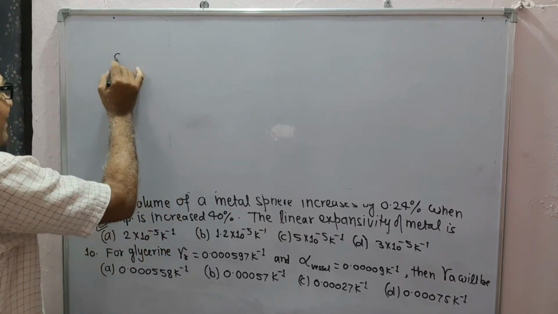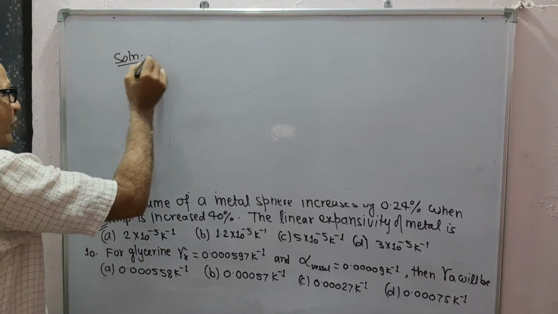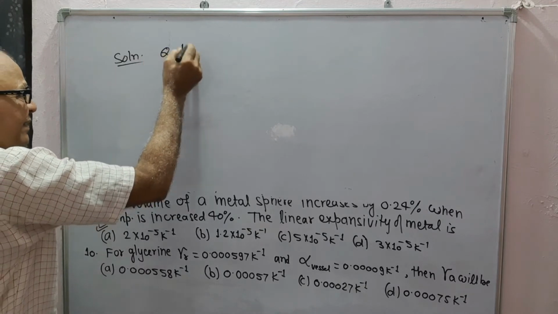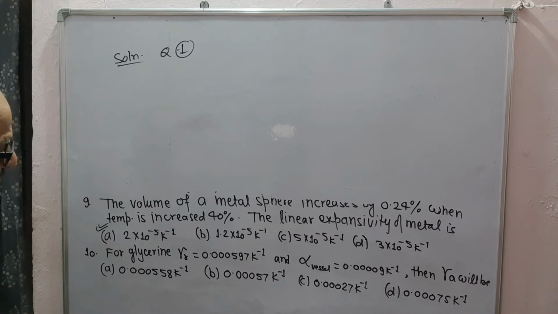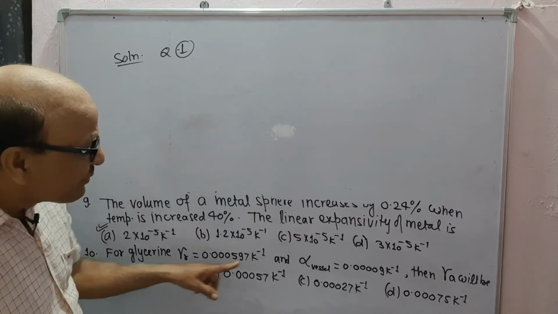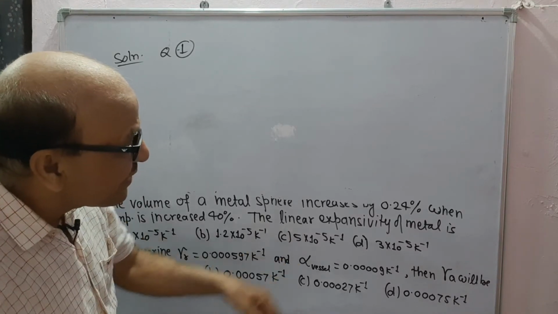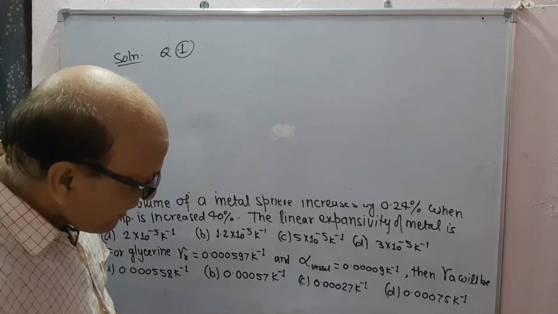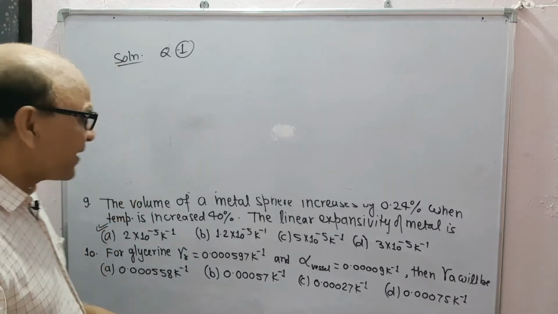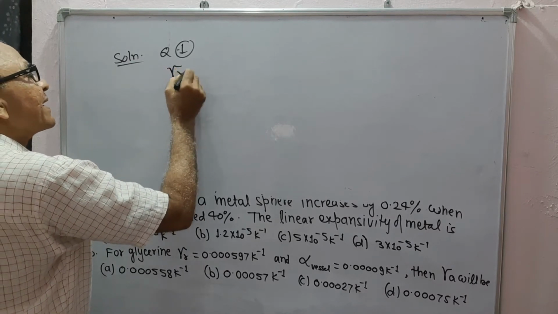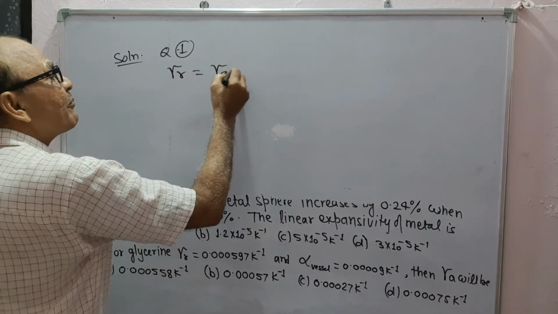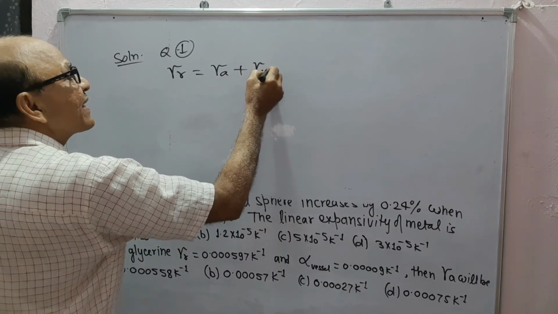Now, solution to question 10. Question is, for glycerin, gamma real is this much and alpha vessel is this much, then gamma apparent will be, gamma real is equal to gamma apparent plus gamma vessel.